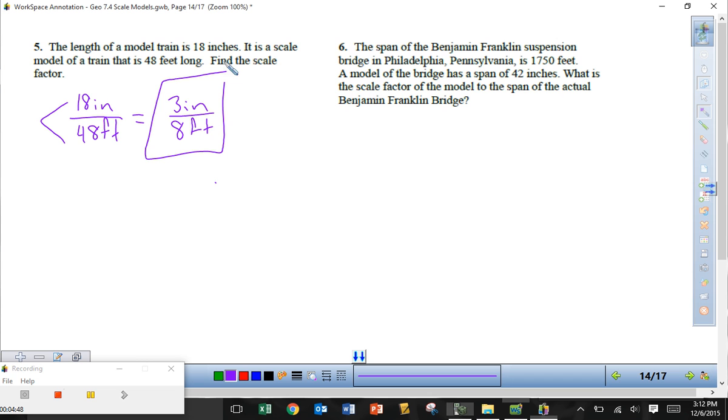If we wanted to change it to a unit rate, again, we just want to get one of these to be a single unit rate. So just like the last one, we divide each of these by the bottom number, and then I've got 3/8 over 1, or really 3/8 is the same thing as 0.375, and we add inches on the top, and we add feet on the bottom.